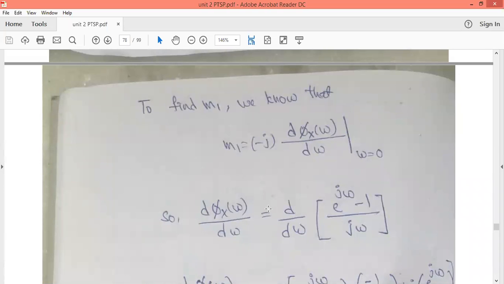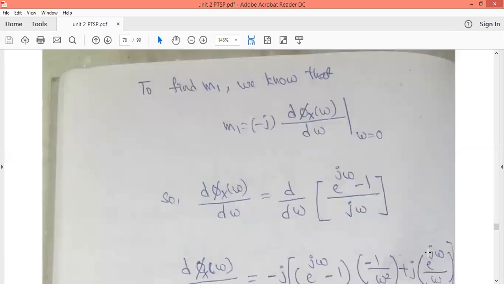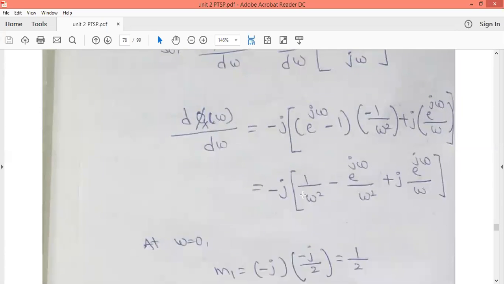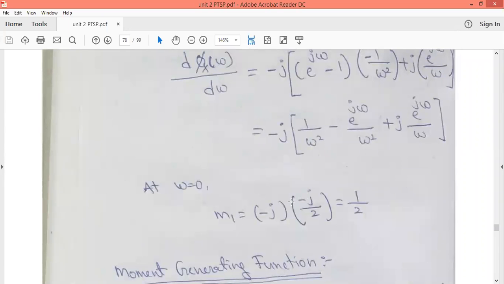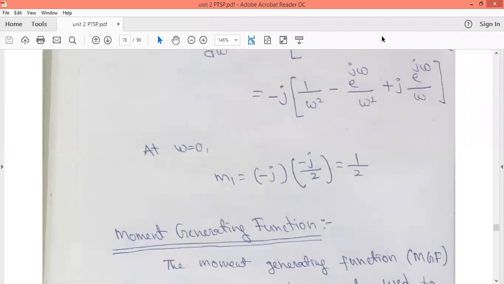Phi x of omega we just found: e power j omega minus 1 by j omega. Differentiate this with respect to omega, and finally substitute omega equal to 0. Then we get m1 equal to 1 by 2. So this is the first moment about the origin.